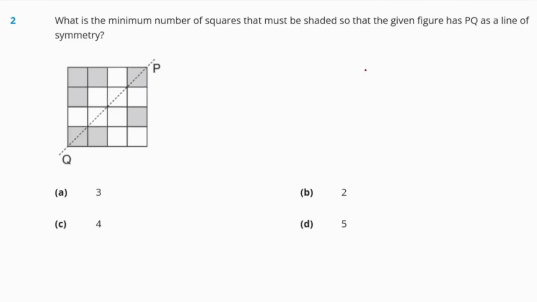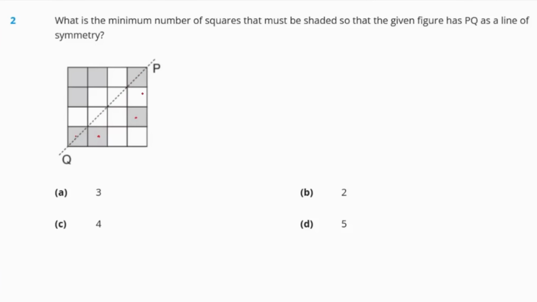Next question: what is the minimum number of squares that must be shaded so that the given figure has PQ as the line of symmetry? We should make PQ the line of symmetry. To do that, the minimum number we should shade here is, as you can see, 1, 2, and 3.